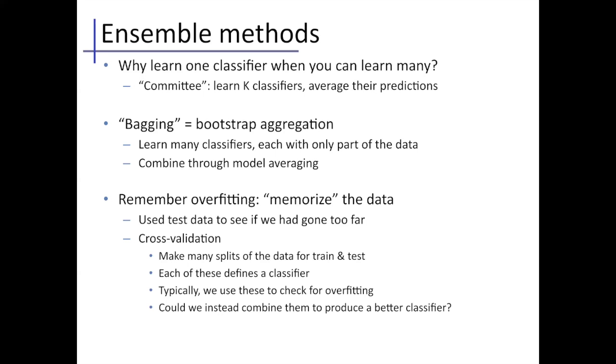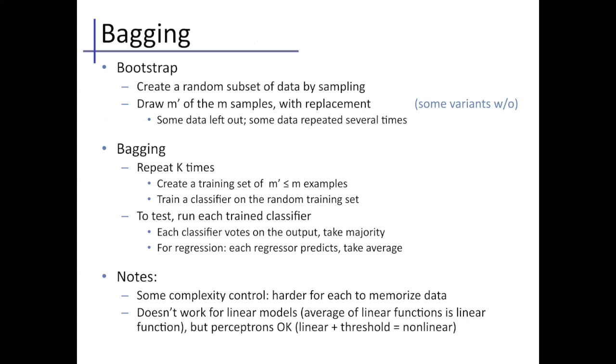So how do I do that? In bagging, you generate multiple models, but those models are trained with slightly different training data sets. How do you do that? I can create a random subset of the training data through sampling. For instance, I can sample my training data set randomly, but with replacement.